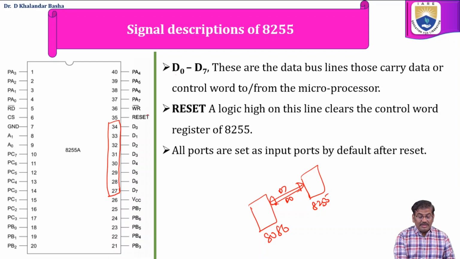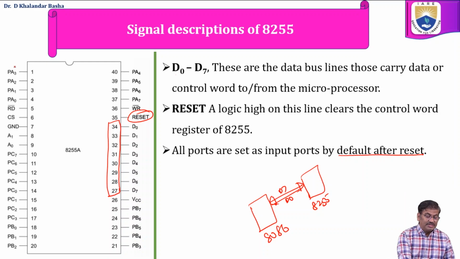Next we have the reset pin. The reset pin is active logic high. On this line, it clears the control word register of 8255 and all the ports are set as input ports by default after reset. So these are the various signals we have.